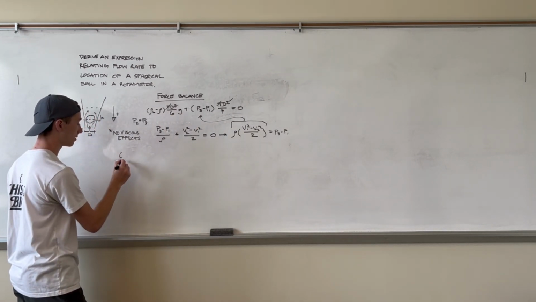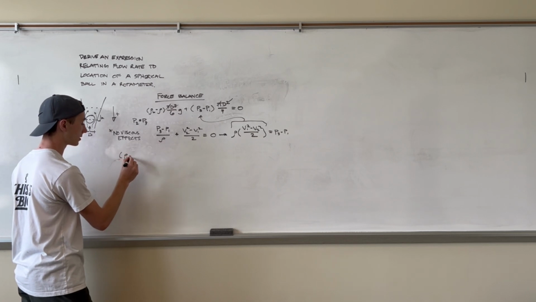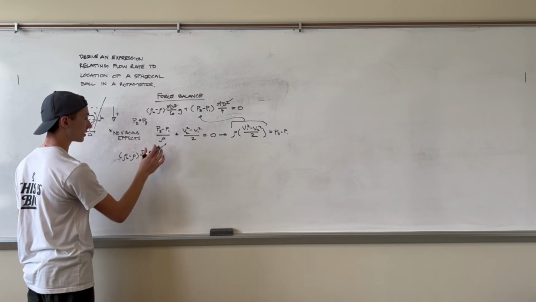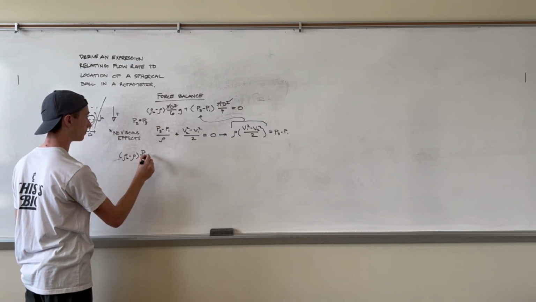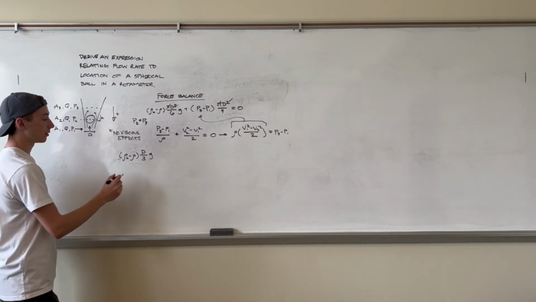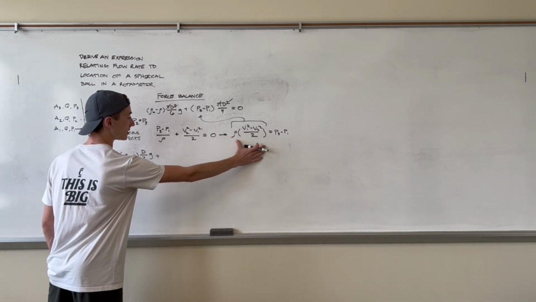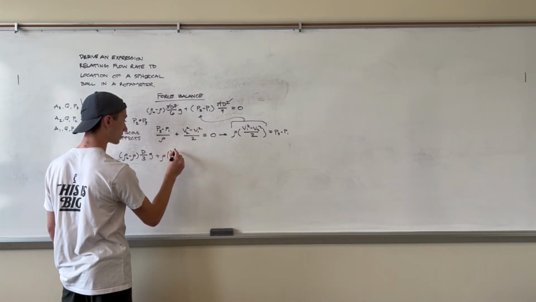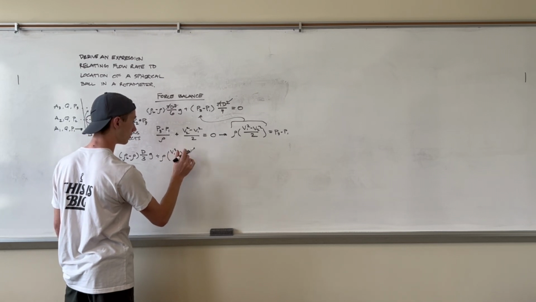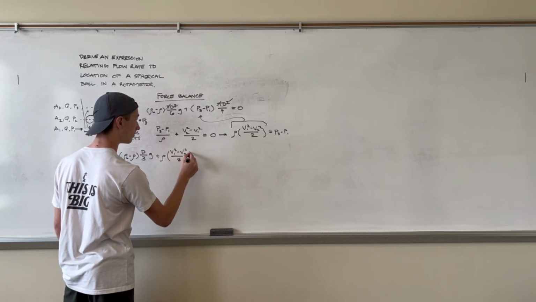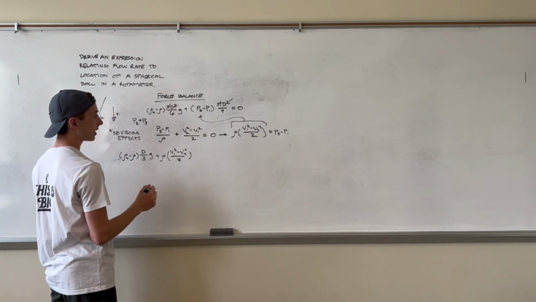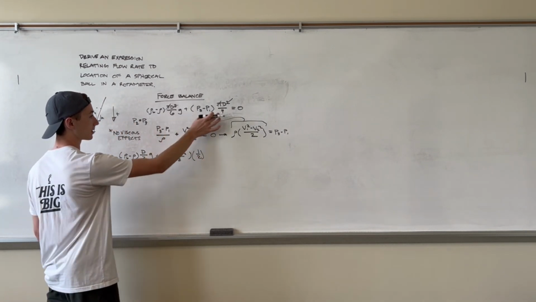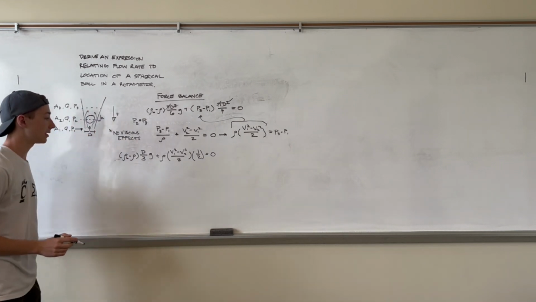Our new equation now is density of the ball minus the density of the fluid times D over, we'll simplify the 6 to a 3G, plus this expression, which is rho times V1 squared minus V2 squared over 2, times 1/2. That's just the simplification of the 6 and 4 there, is equal to 0.